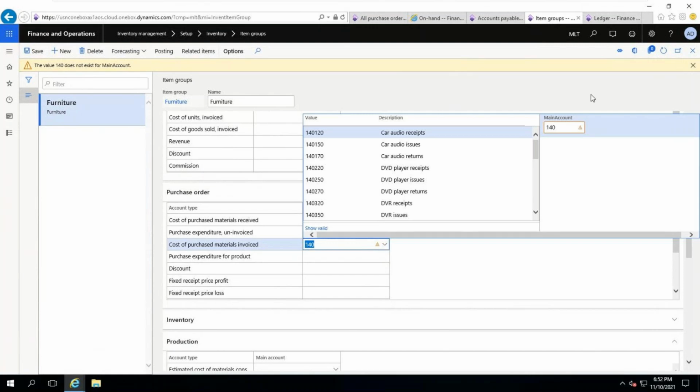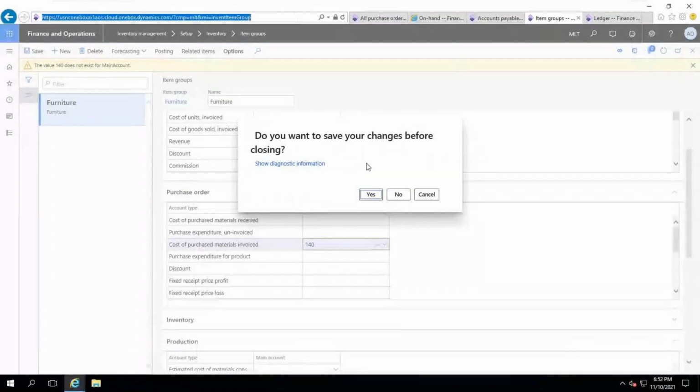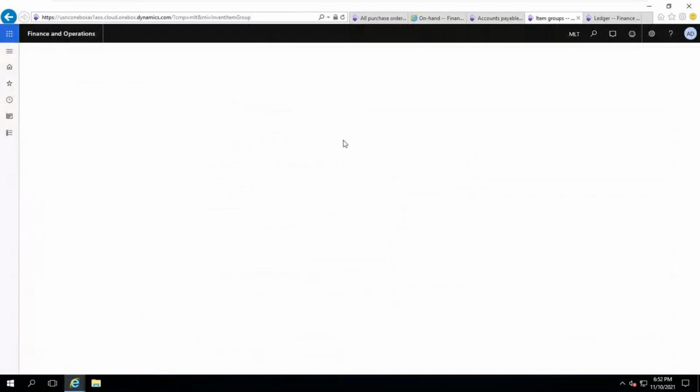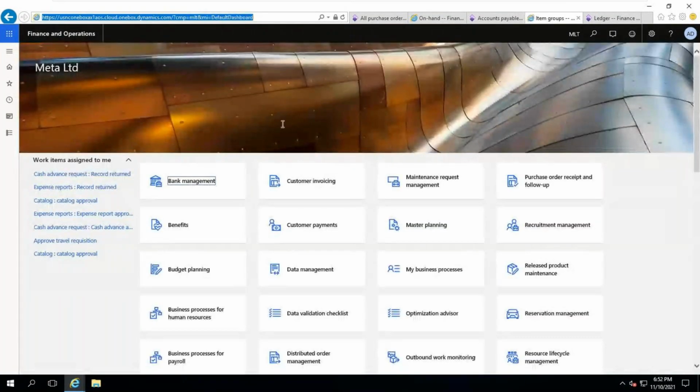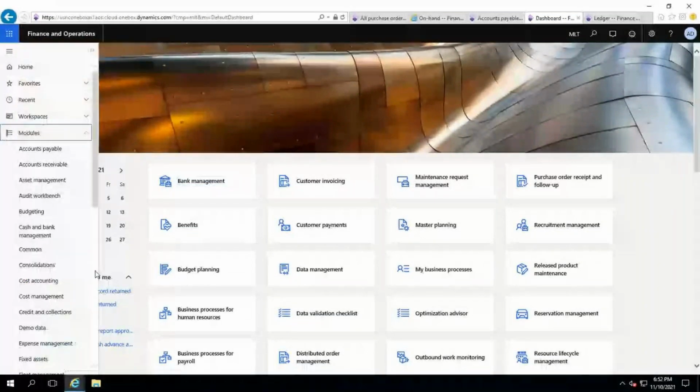Give me a second. Let me refresh this item group. You can use any chart of accounts, but as per the client requirement, whatever chart of accounts you have created will be used.